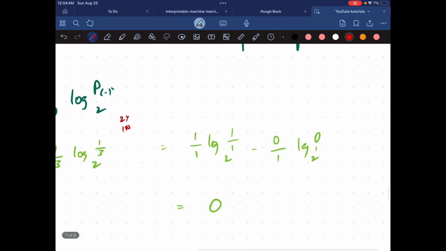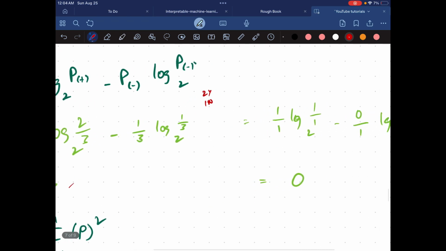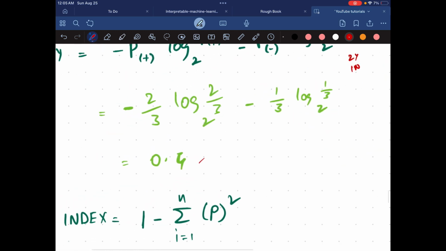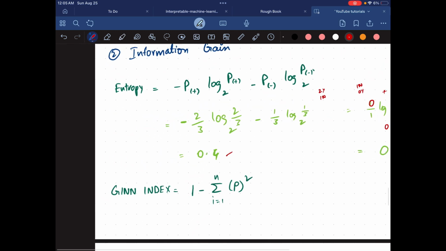And the other one has 1 no and 0 yeses. For instance, if this is the positive class, then 0 by 1, and if it is the negative class, then 1 by 1. Log 1 is 0, and multiplied by 0, it is 0. And here you're going to get 0.4, something around that.